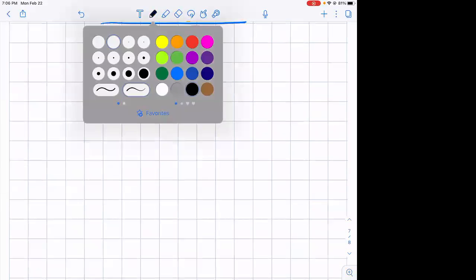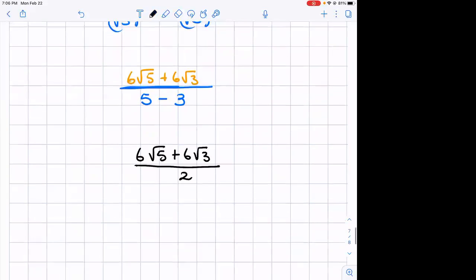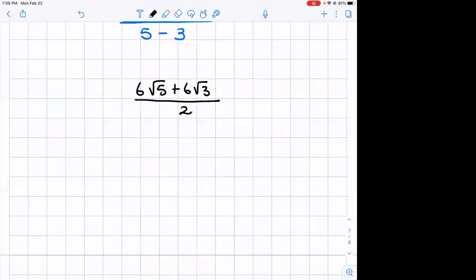So finally, this becomes 6 root 5 plus 6 root 3 over 2. But notice that we have a common factor, right? Or we can think of this as 6 root 5 over 2 plus 6 root 3 over 2.